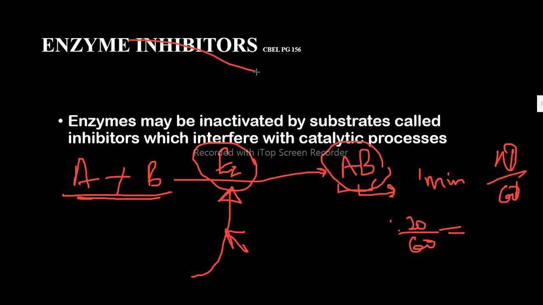So inhibitors reduce the rate of enzyme controlled reaction. Actually, others cut off the reaction completely, that nothing is going to happen, whereas others just reduce. Okay?